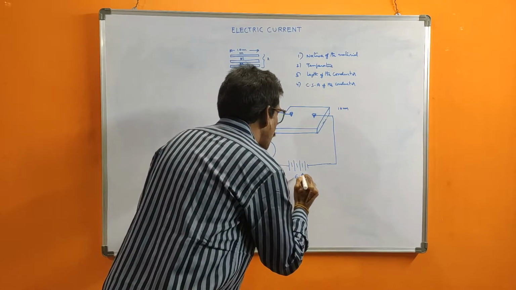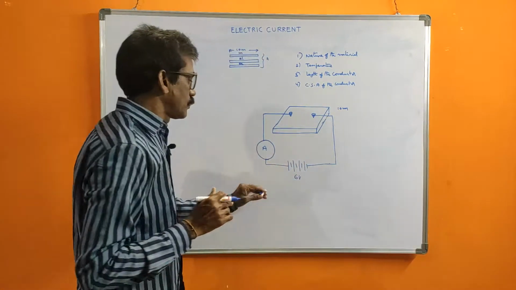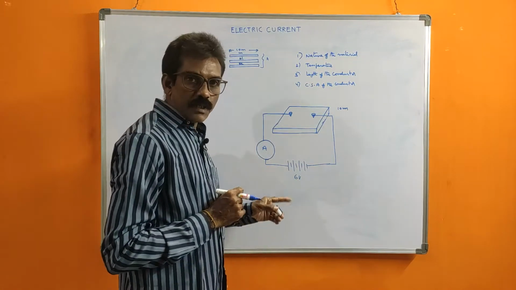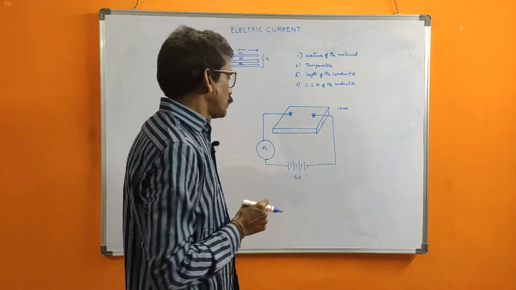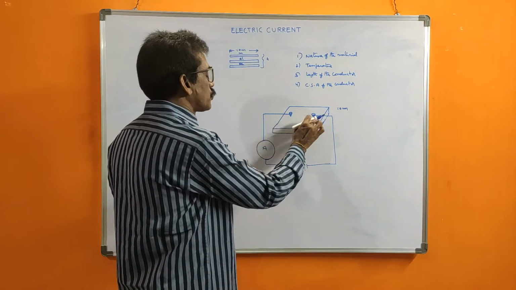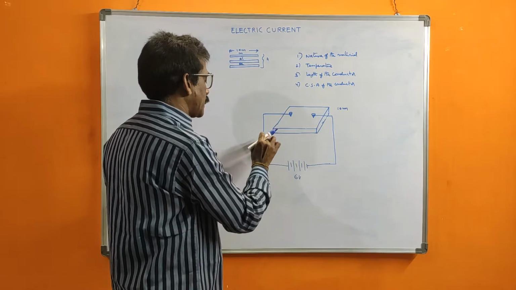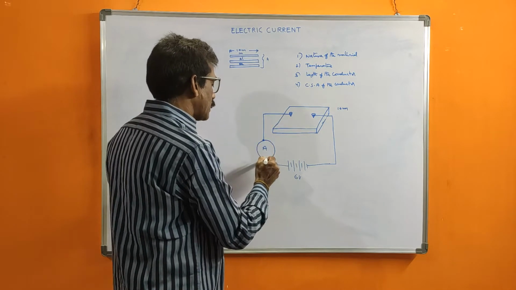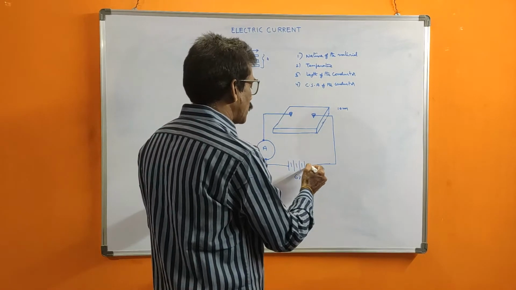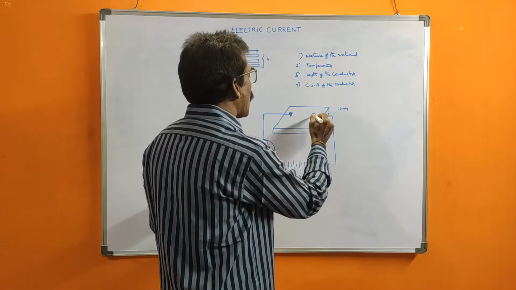I took 4 cells, 1, 2, 3, 4, making 6 volts, that means 1.5 volt cells, 4 cells arranged, then that is 6 volts. Now arrange like this. One screw is connected to one terminal of the ammeter, the other terminal of the ammeter is connected to the positive terminal of the battery, and the negative terminal of the battery is directly connected to the other screw.